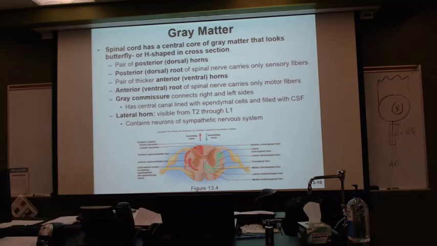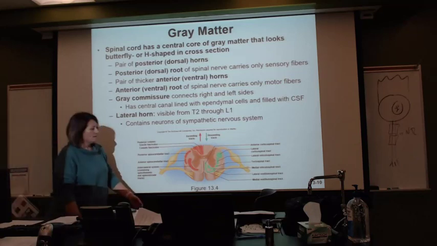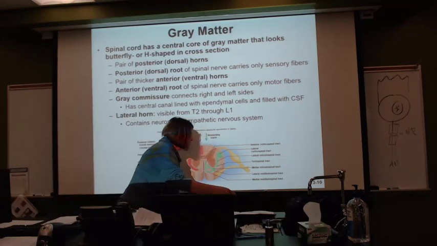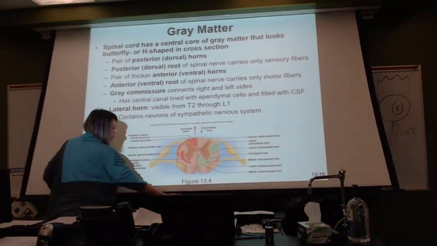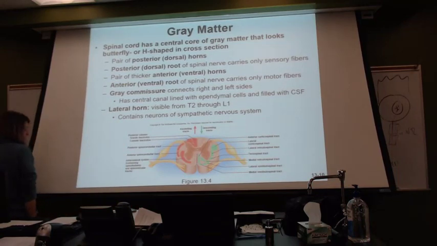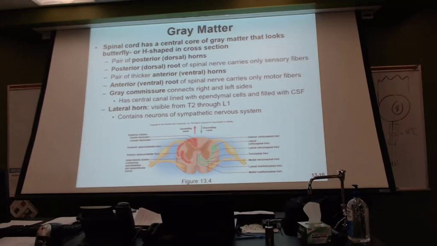Now, in this picture, can y'all see back there in the back? Okay. What do you notice in that picture that they're trying to represent by the red and the green? It goes up and down the spine.